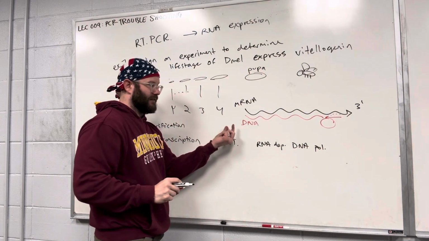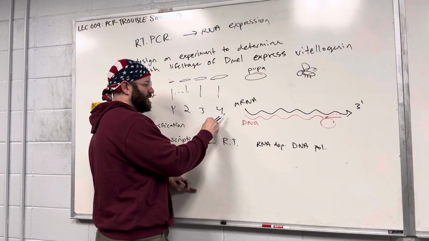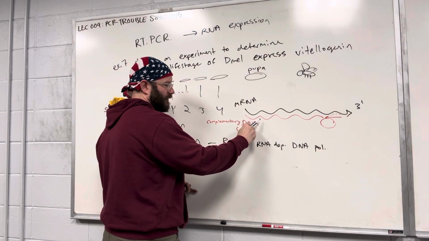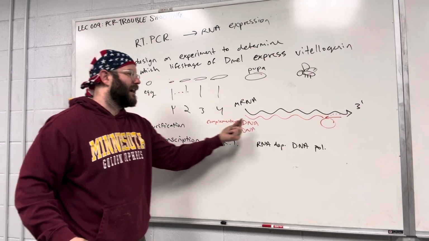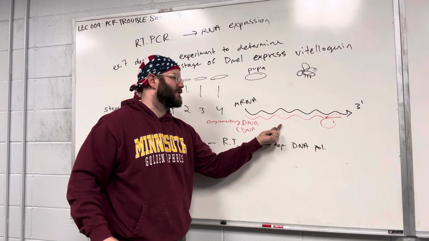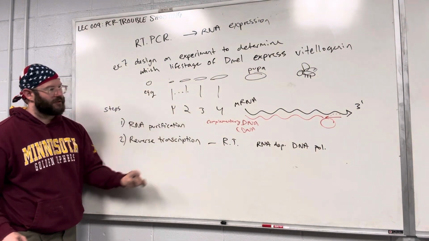And this DNA has a very specific name. It's called complementary DNA, or cDNA. So cDNA is the complementary strand product that binds to the messenger RNA and is made by reverse transcriptase.